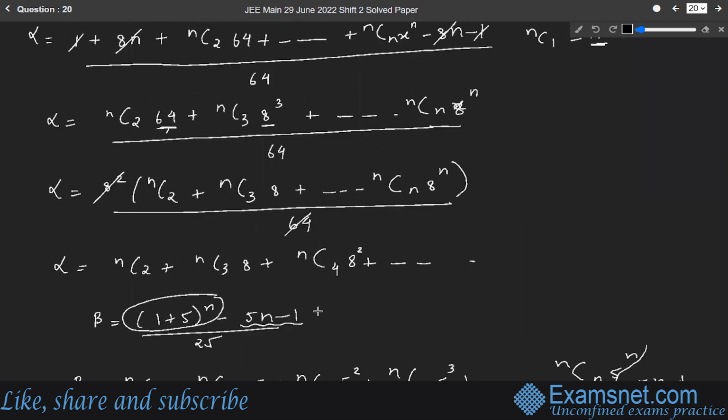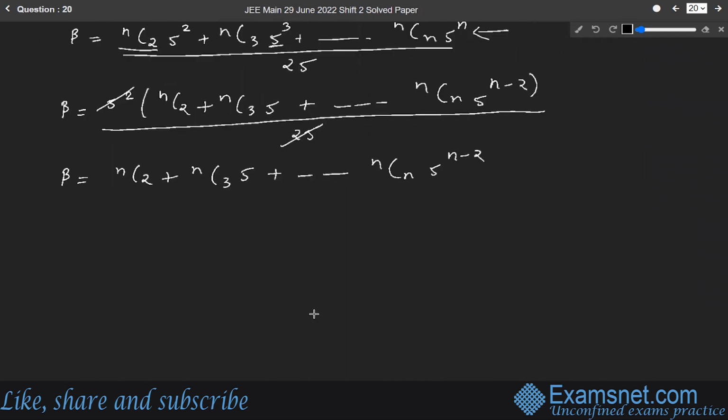Since we have the value of alpha and beta, we can find alpha minus beta, right? Let us first write alpha. What is alpha? Alpha is nC2 plus nC3 into 8 plus nC4 into 8 square plus so on, right? So let us do alpha minus beta.